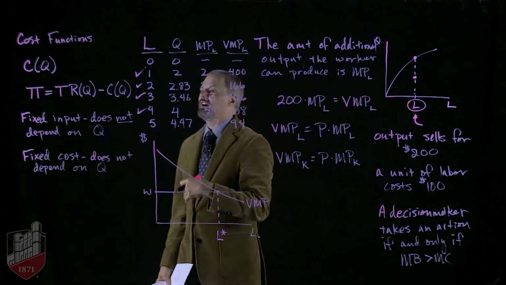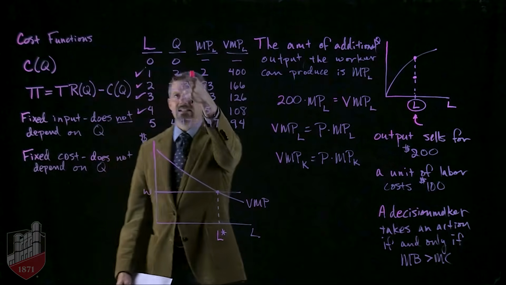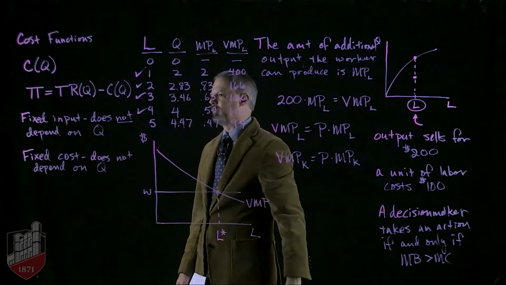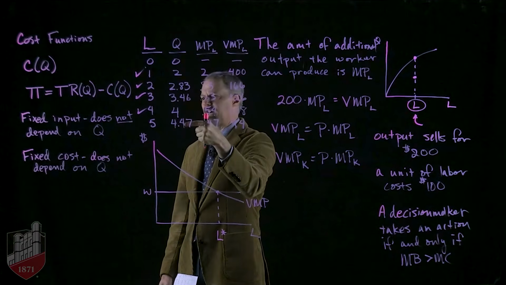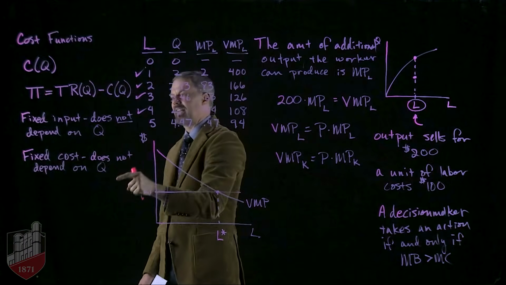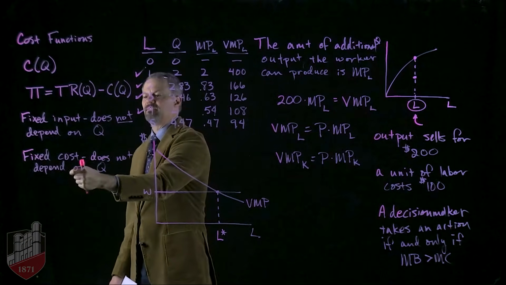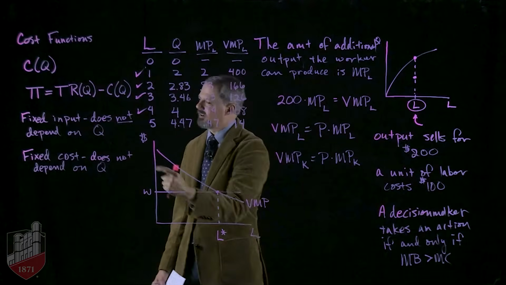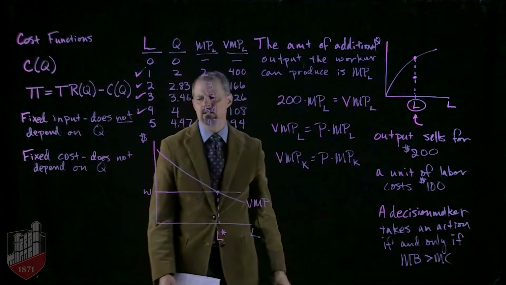We can also have variable inputs. In this case, our labor was our variable input, and it does depend on output. And because it depends on output, the cost of that labor is going to be a variable cost. Okay, and a variable cost does depend on output.